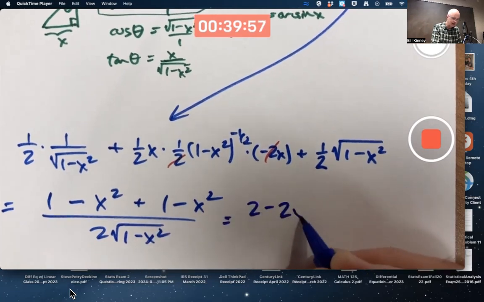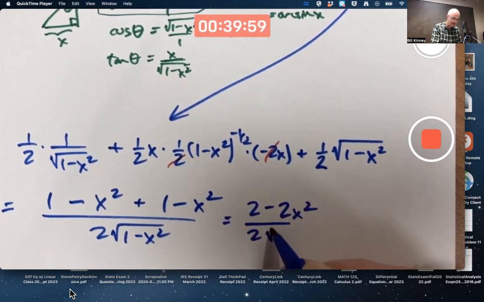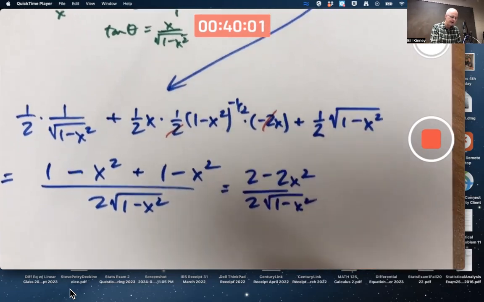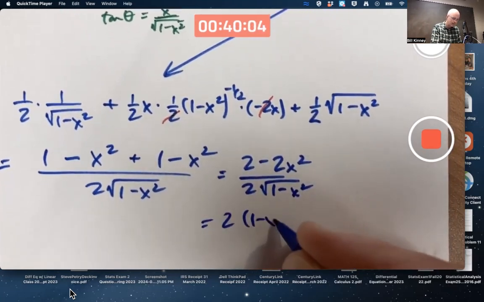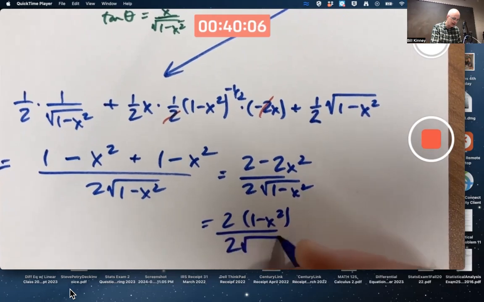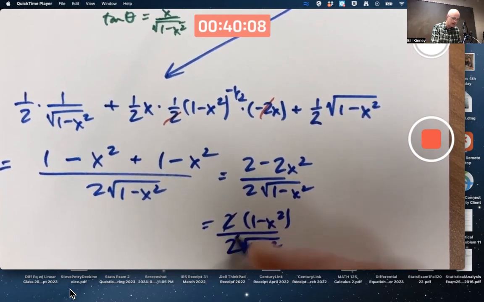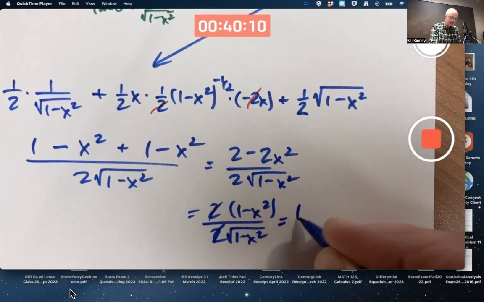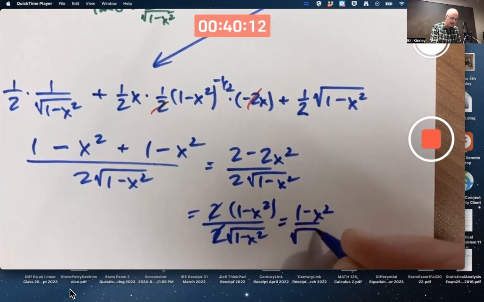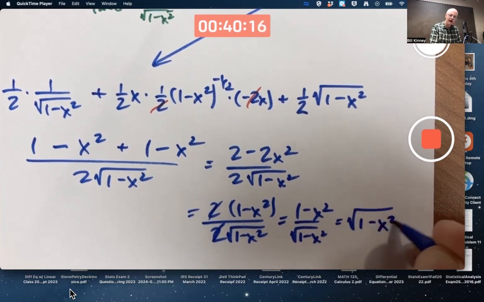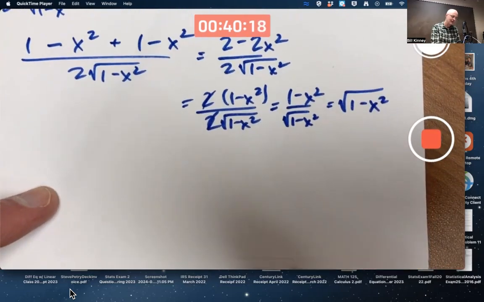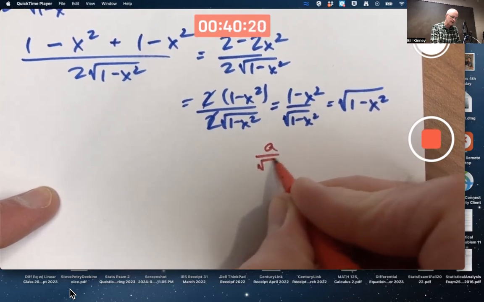It's simplifying. In fact, it's simplifying ultimately pretty nicely. The 2's cancel. And then this does equal the original function, because I have a number divided by its square root.